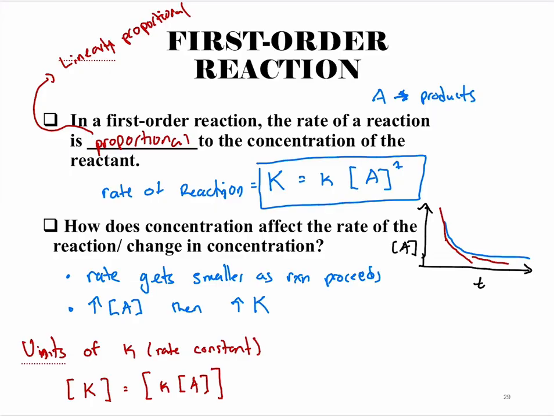So for this to be molarity per second to match the rate of the reaction, the rate constant has to have units of what? One over seconds, right? So we need units of one over seconds times units of molarity, which is the units of the concentration of A. Then this has to be the units of lowercase k, our rate constant.